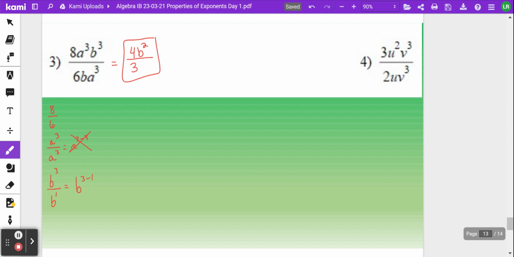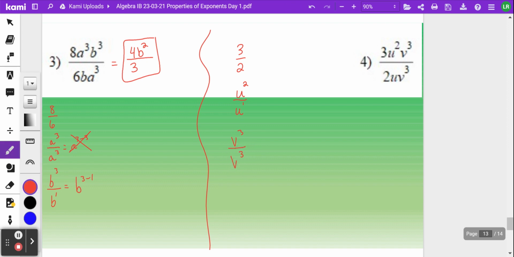For number 4. Start with the fraction. The u's, I have u squared divided by u to the first. And for the v's, I have v to the third divided by v to the third. So 3 over 2 cannot be simplified. So I still have 3 over 2. That doesn't change.